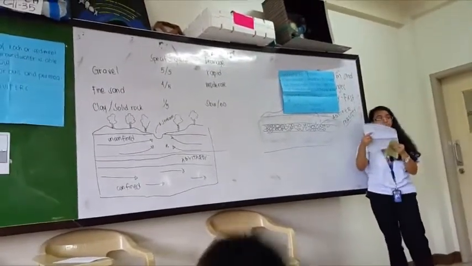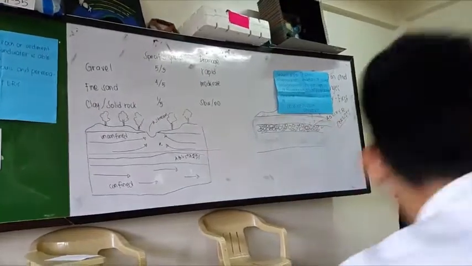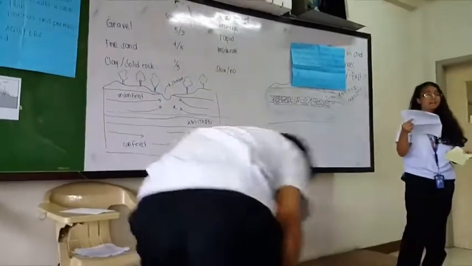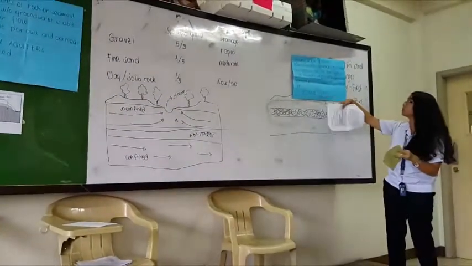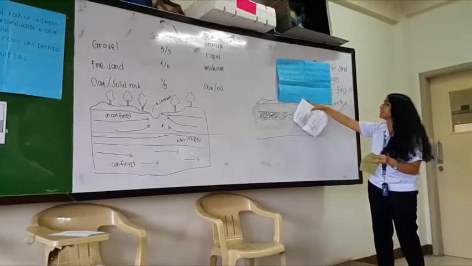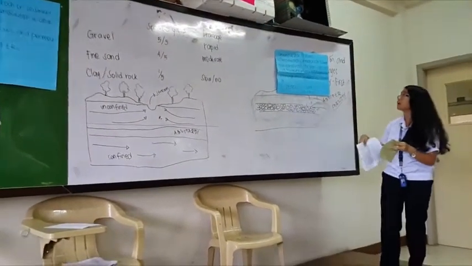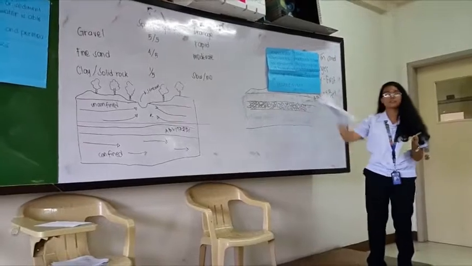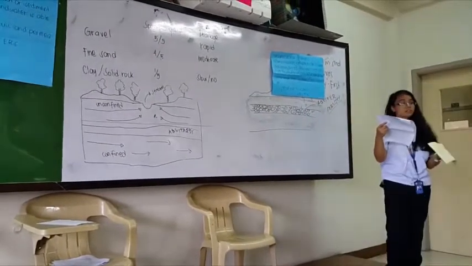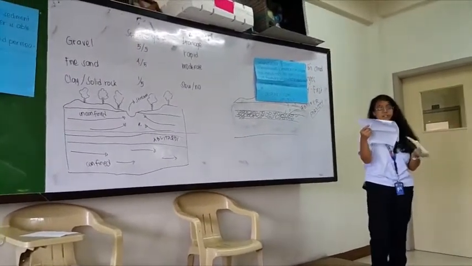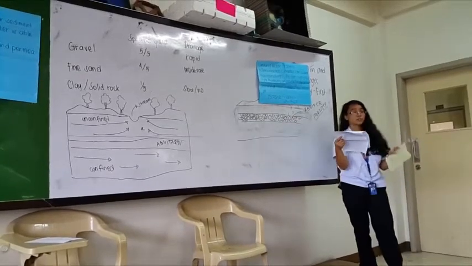So what is subsidence? You can read it in your handouts. Subsidence is a result of decrease in volume and it is caused by over-extraction. Subsidence also results in a greater chance of flooding in an area. It is also irreversible.